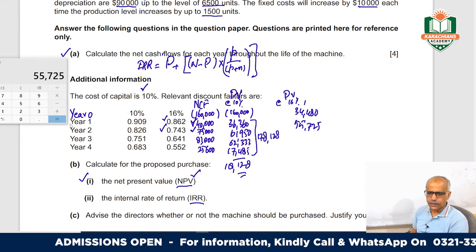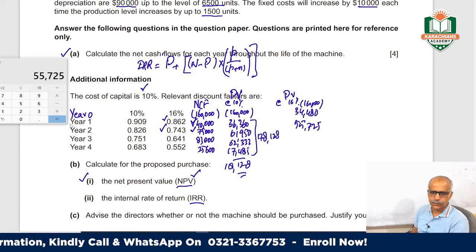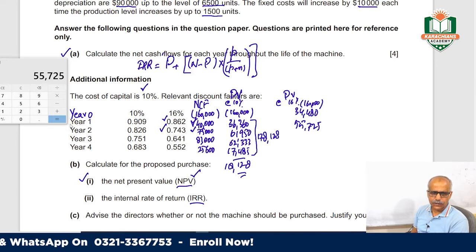And 160,000 is negative in year 0. These are the positive ones.